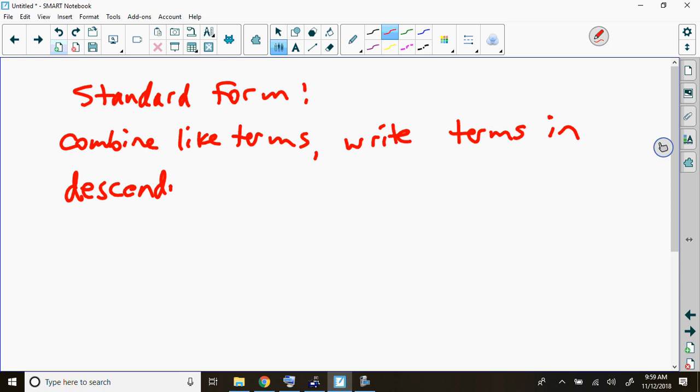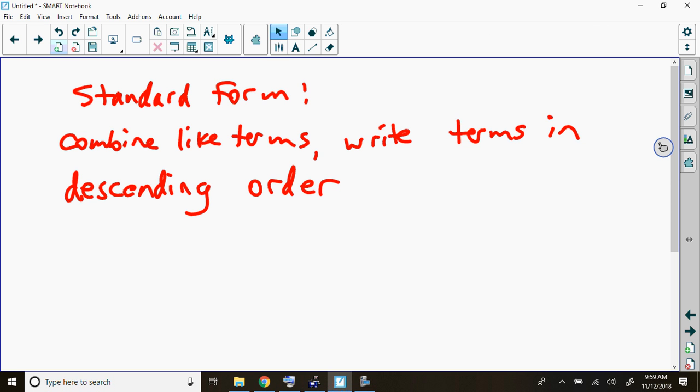I know the C's silent, but in descending order. Anytime you're working with a polynomial, it's advisable, it's prudent, it's the right thing to do to put it into standard form. Combine any like terms and write the terms in descending order by, I almost left out the most important part, by degree.